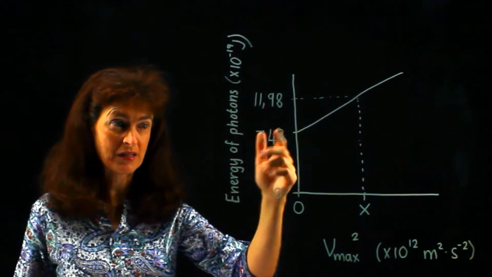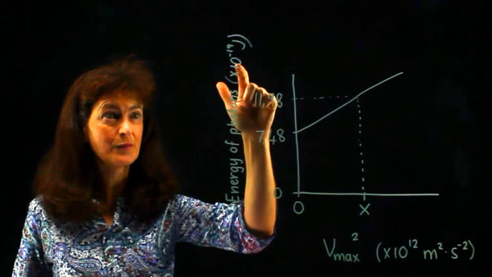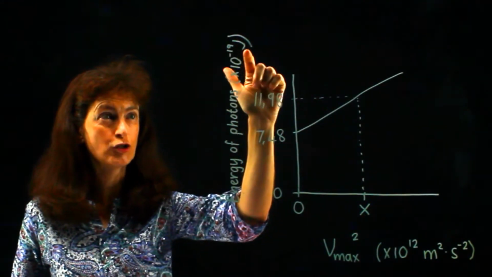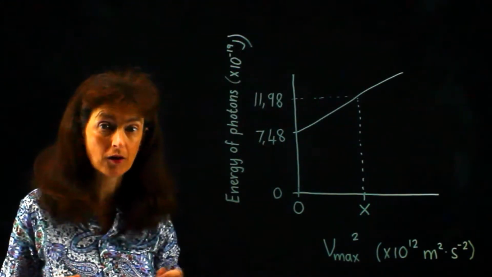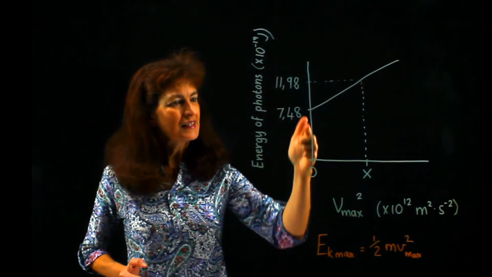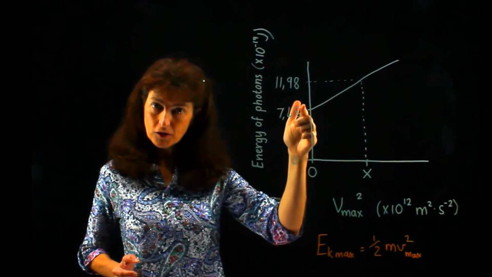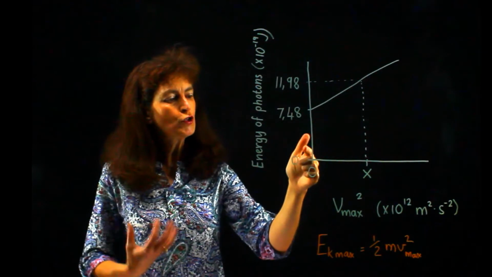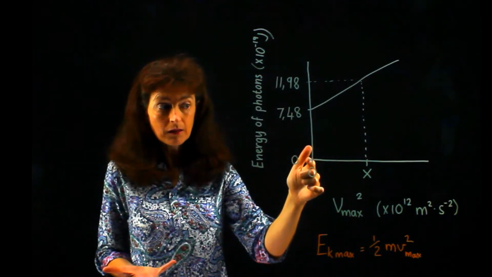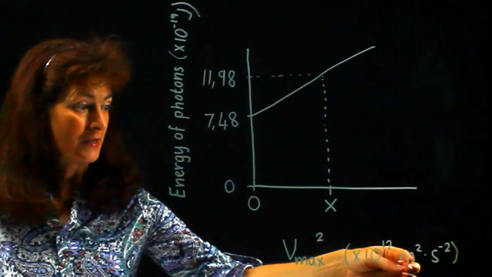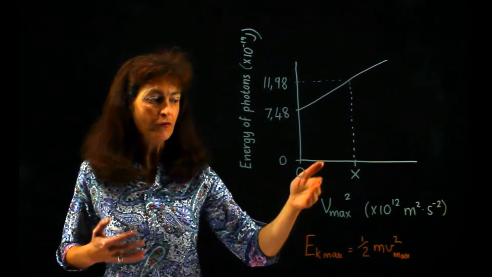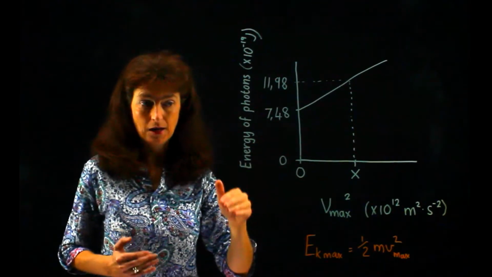There's an intercept at 7,48 times 10 to the power minus 19 joules. What is the meaning of that? Well, this is the energy of photons which would cause emission at 0 meters squared per second squared. So the velocity squared of such electrons would be 0.